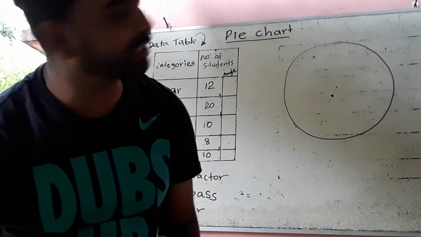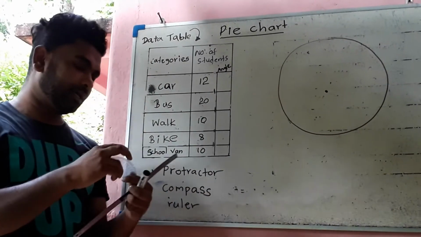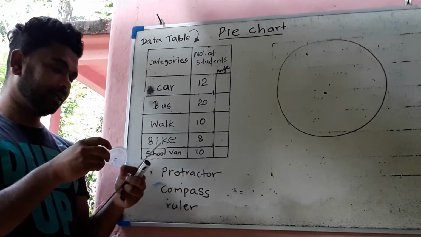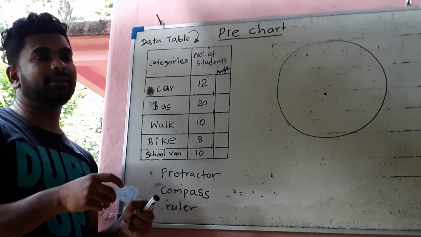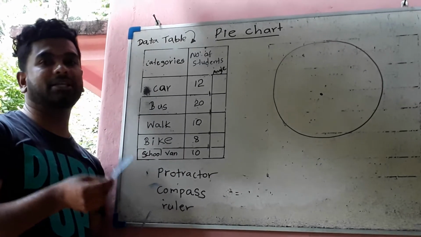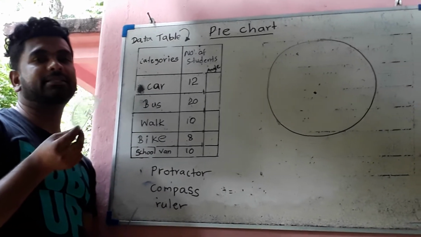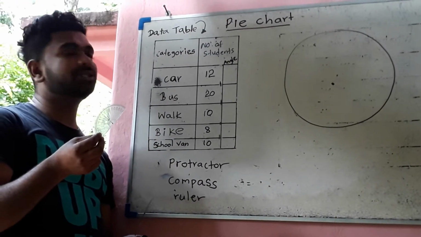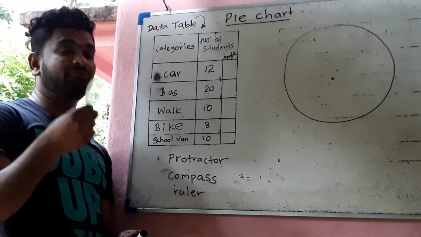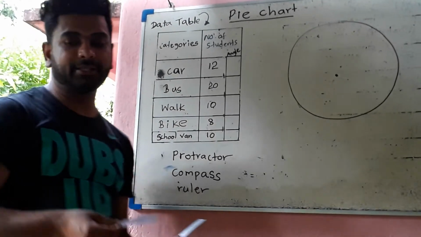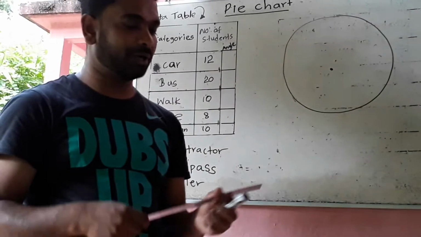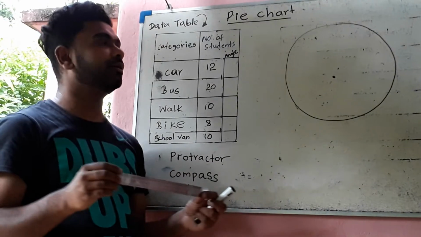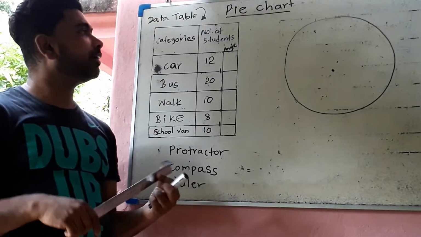And to measure the magnitude of the angle, you need a protractor. We use it to measure the value of the angle. And to draw a line, you can use a ruler or straight edge.